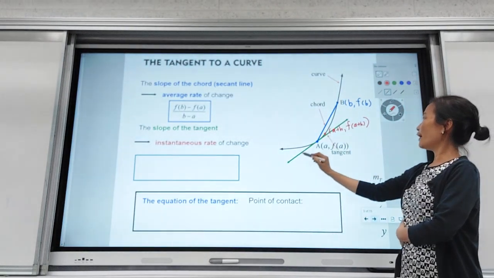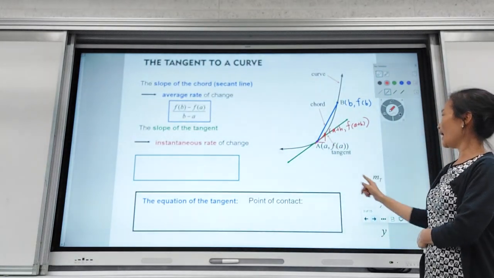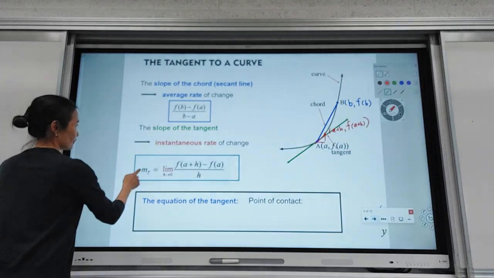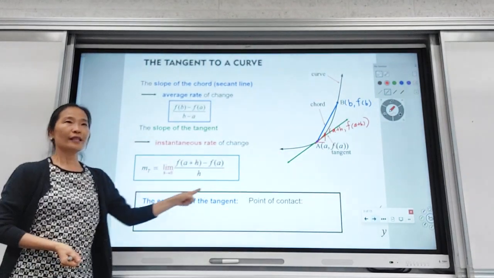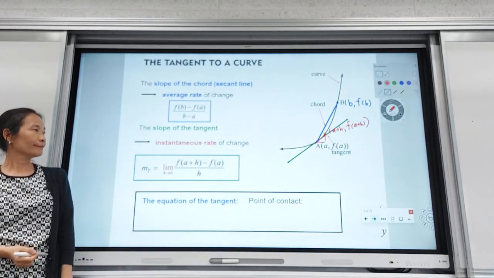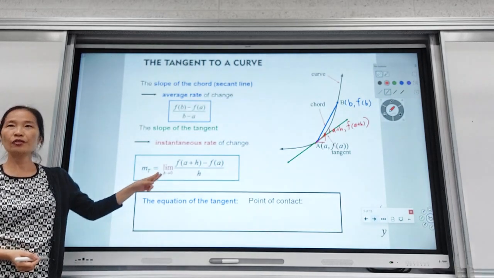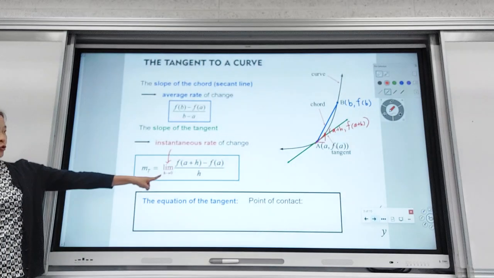And we are going to find the change in y over change in x. So this will be slope of tangent using difference quotient, right? It will not be slope of tangent if you didn't use the limit when h approaches 0.